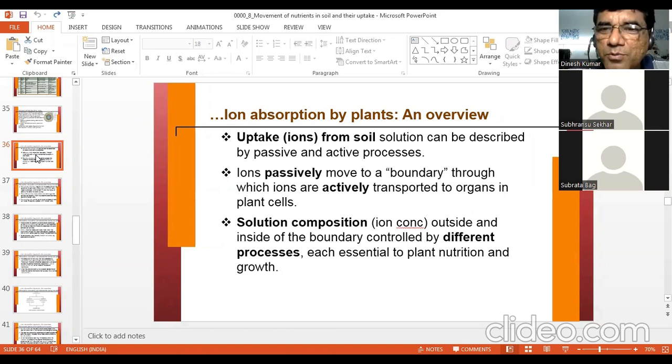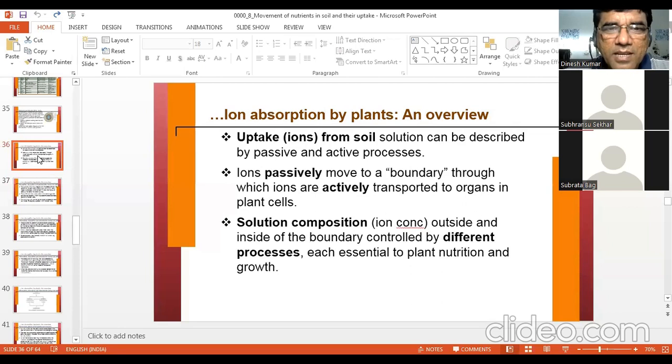Ions passively move to the boundary through which ions are actively transported to organs in plant cells. Solution composition, that is ion concentration, outside and inside of the boundary, is controlled by different processes, each essential to plant nutrition and growth. You will get more clarity in the next slide.